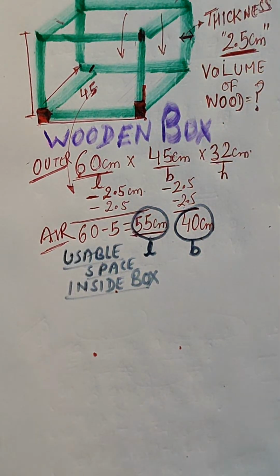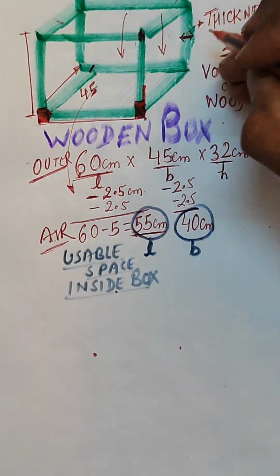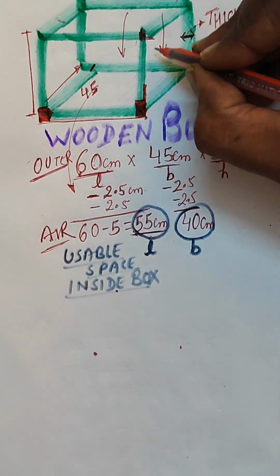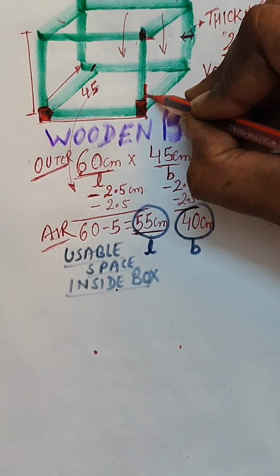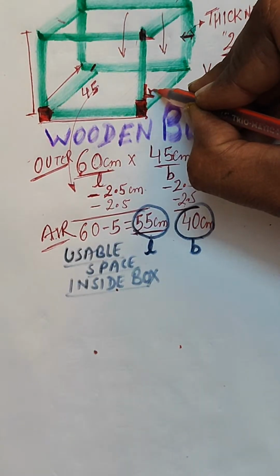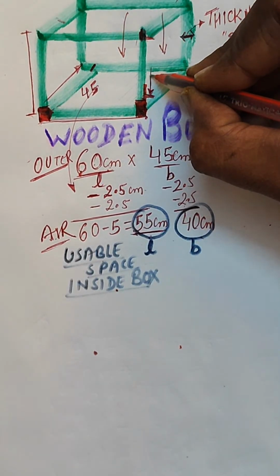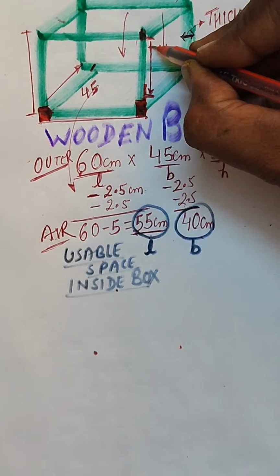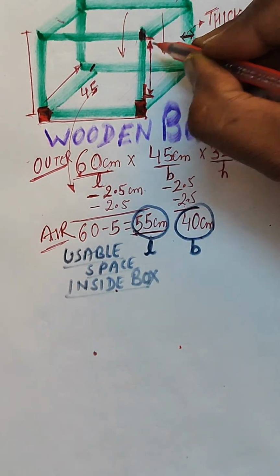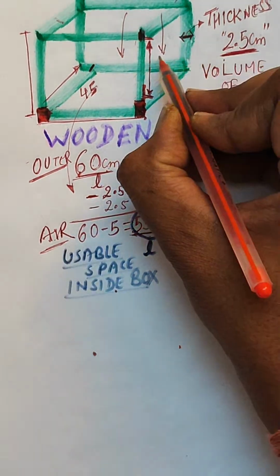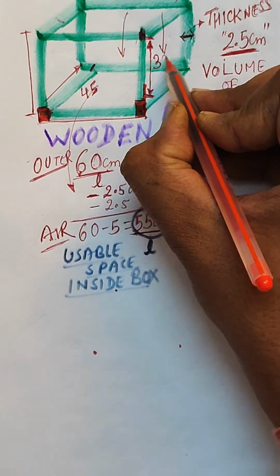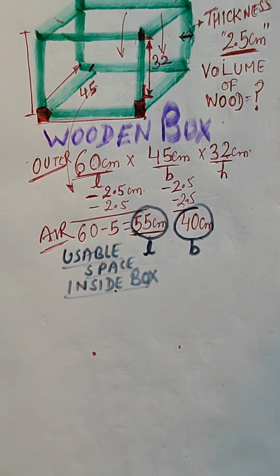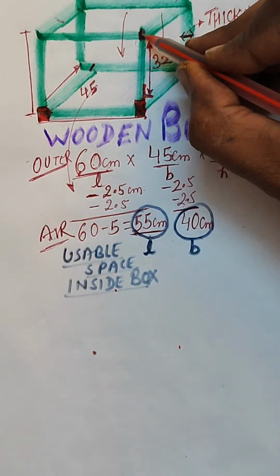So in this way, the effective height which is available to you is only this much. And this is what? I'm just writing for height. If this is nothing but the height was actually 32. So 32 was there and minus 2.5 centimeter over here.